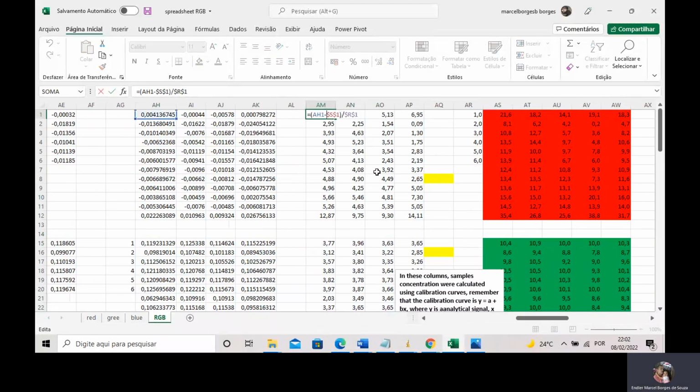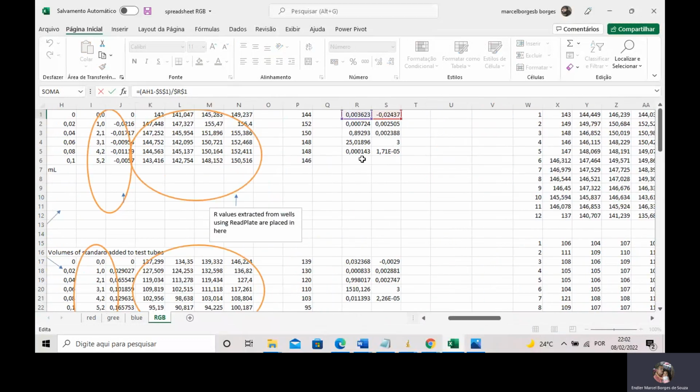Please observe that iron concentrations were calculated using the analytical curve as shown here.